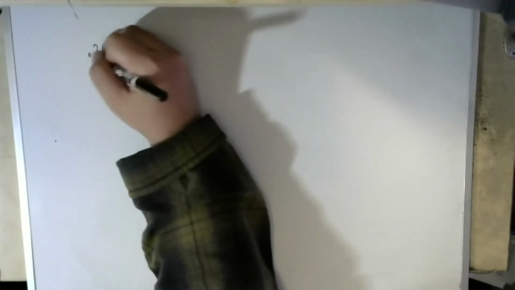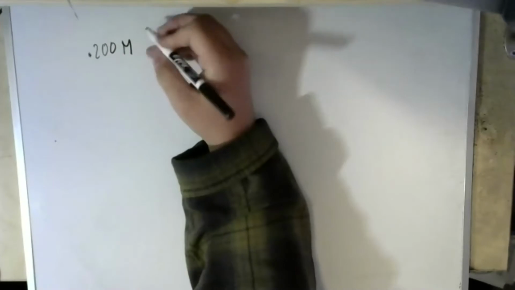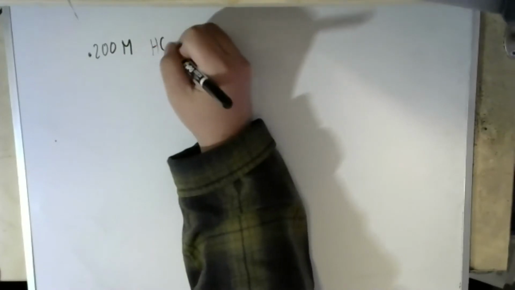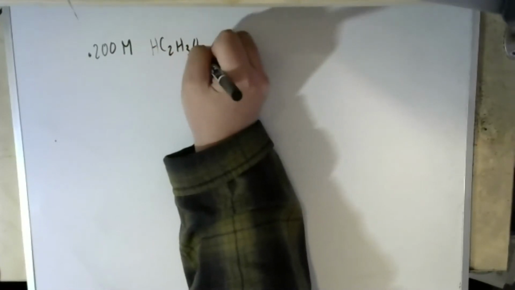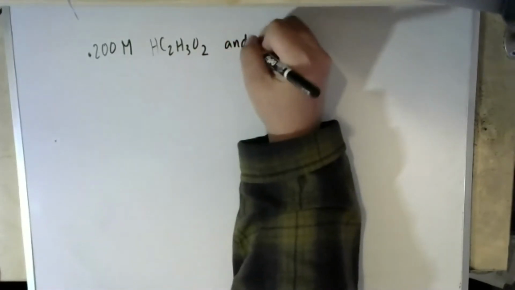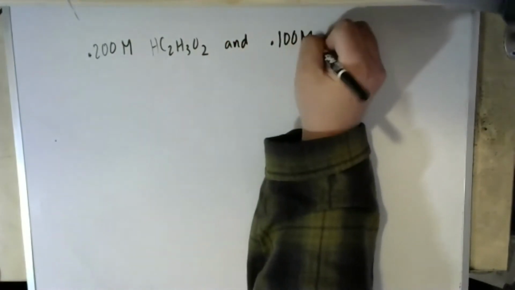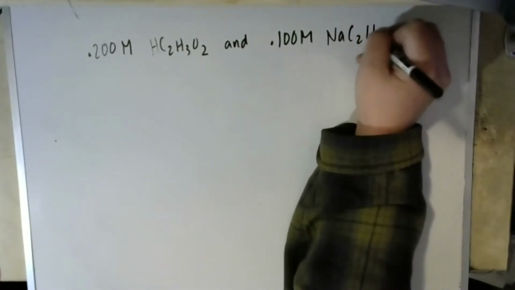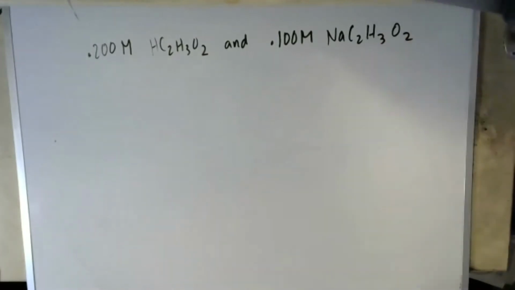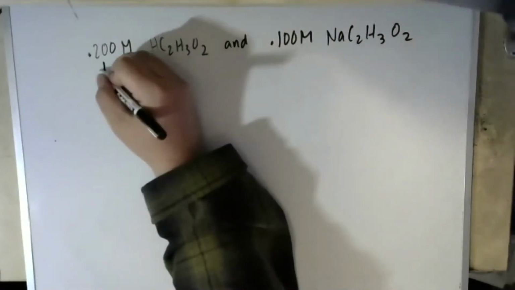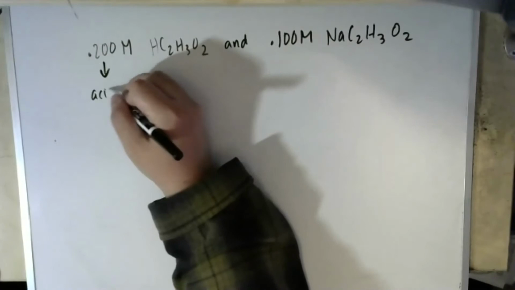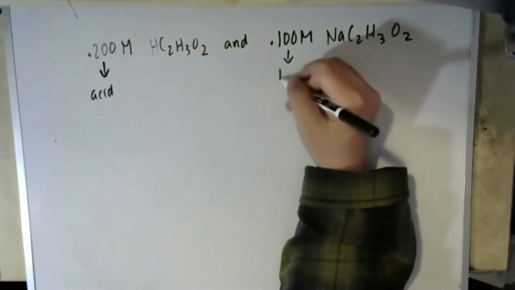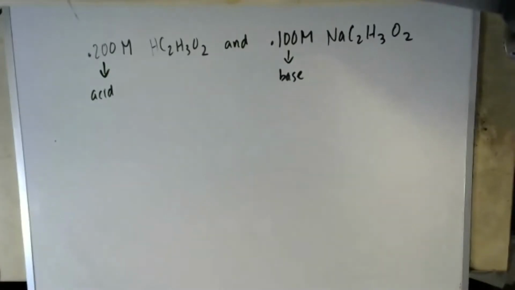Okay, so now we have 0.200 molar acetic acid and 0.100 molar sodium acetate. Okay, so again, this is going to be the concentration of our acid. This is going to be the concentration of our base. We want to find the pH of this buffer.